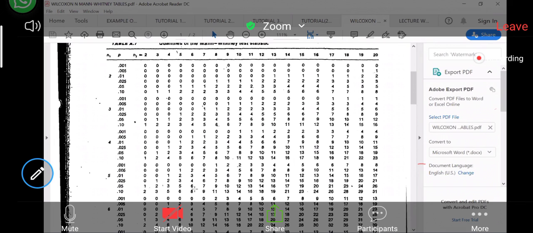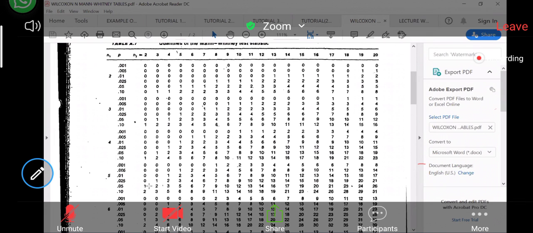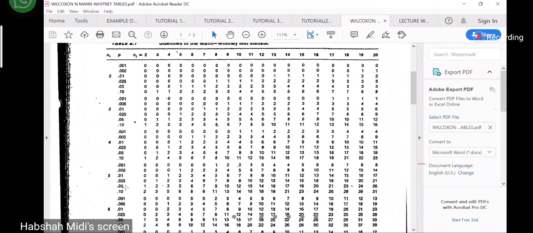Can you hear? Yes, good. So then you have to look here. Look here. So the p-value should be between 0.05 and 0.1. And let's say my U statistic is 12.